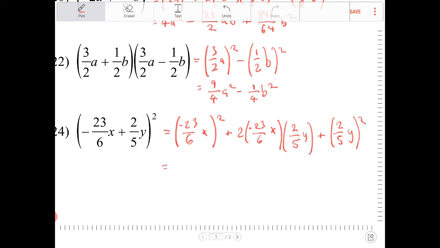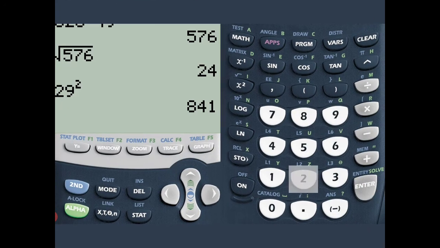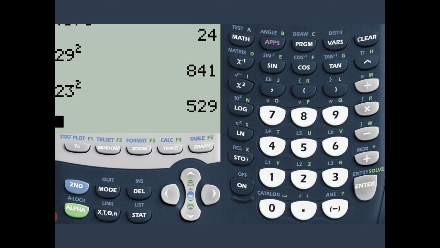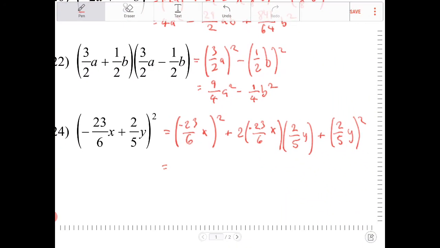And just like before, I don't know what 23 squared is. That's a little beyond me. So let's see here. 23 squared, that is 529. So this is going to be 529 over 36 x squared plus, or actually it's going to be minus because I have positive times a negative.